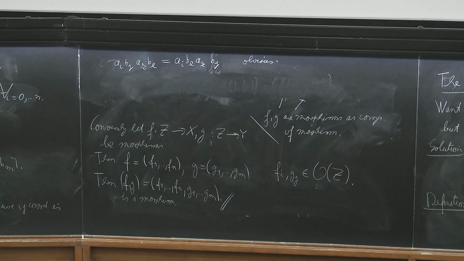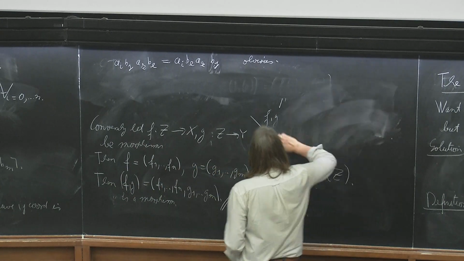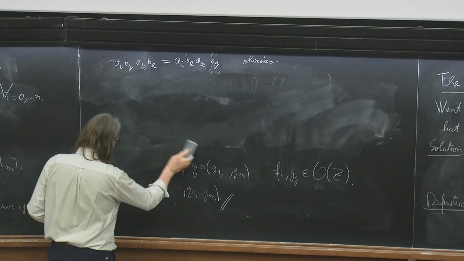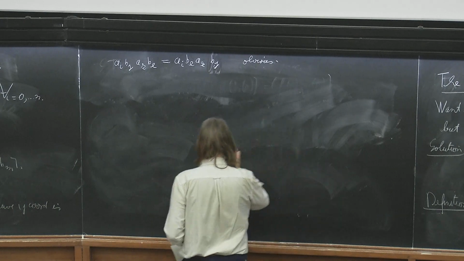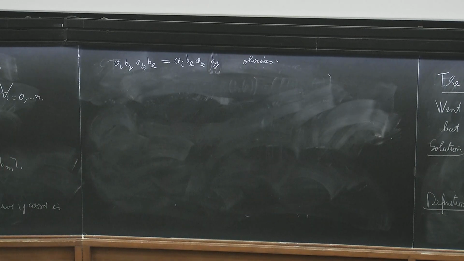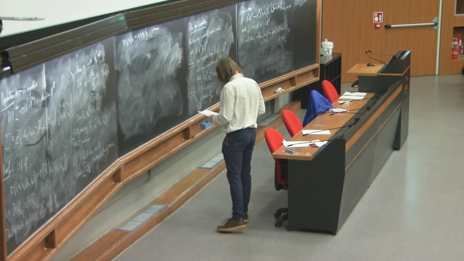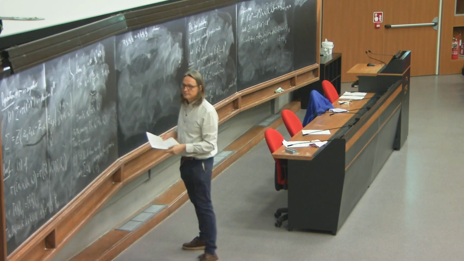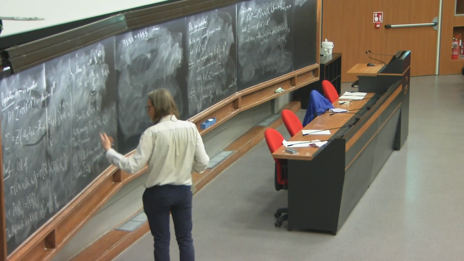So now we have to show that the image is precisely that. So small sigma maps P^n times P^m surjectively onto this set here. And so we have to take a point in this W, and we have to show it lies in the image.